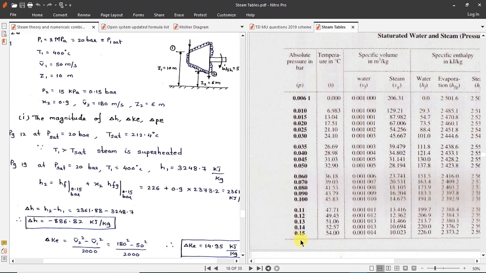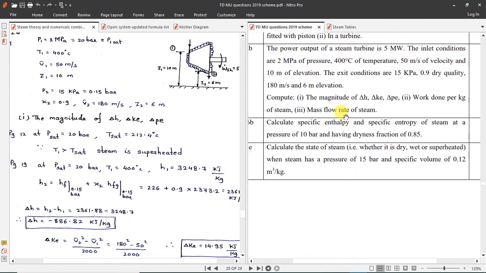Now for 0.15 bar pressure, what is HF? 226. So 226 plus X2 is 0.9 into HFG at 0.15 bar, HFG is 2373.2. So you will get the H2 value. Now what is asked in the question? Delta H. We have H2, we have H1. So delta H will be H2 minus H1. This value is minus 886.82 kilojoule per kg.